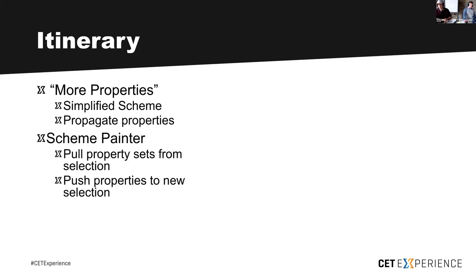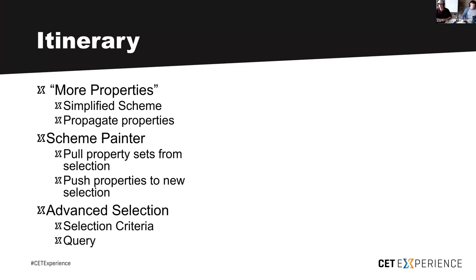Nathan's going to go over the scheme painter, which is a new tool, which is a very versatile tool for pulling and pushing a large set of properties from multiple snappers, multiple selections. Advanced selection is, again, another tool that you've probably seen in 11.0. There have been some updates and ways you can customize that tool. So we're going to cover some of those.